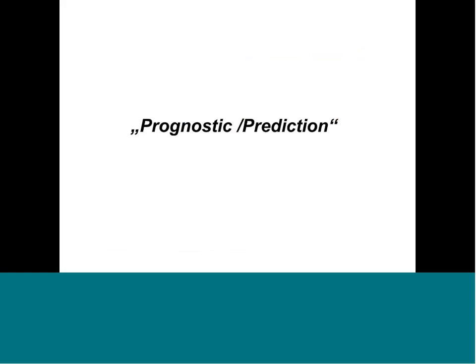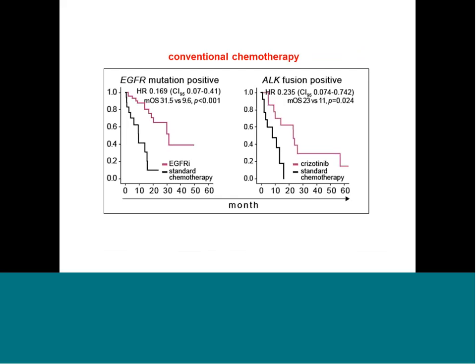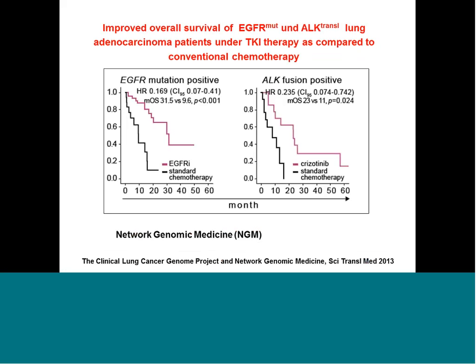And also prediction, of course, is a very big subject. What patients should receive what drug. And for many years, oncologists have been very reluctant to believe that a specific lesion like EGFR mutation activating EGFR signaling or an ALK fusion activating the ALK kinase signaling can be treated by a specific inhibitor, and the patient would have an overall survival benefit.